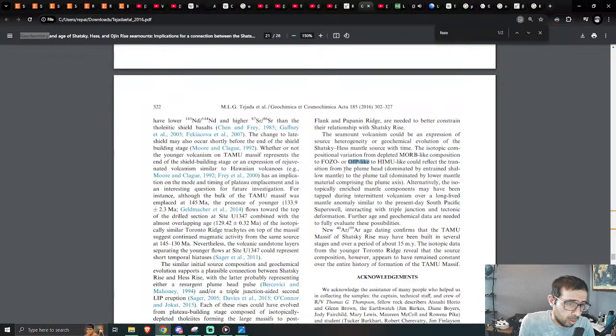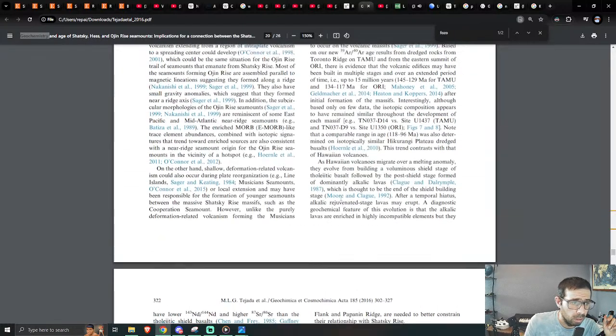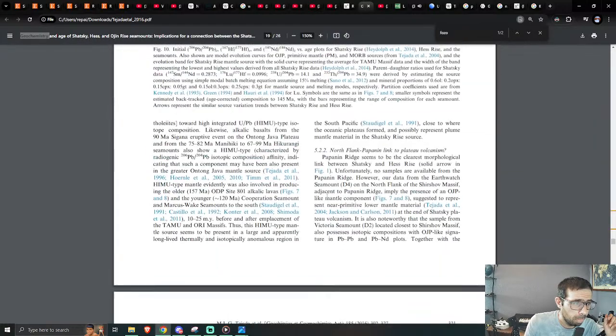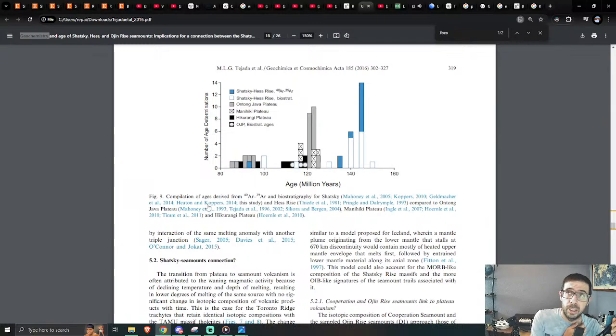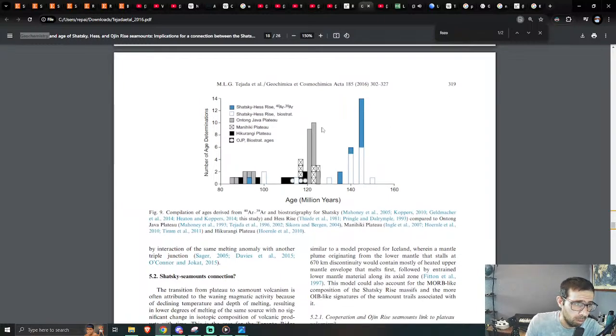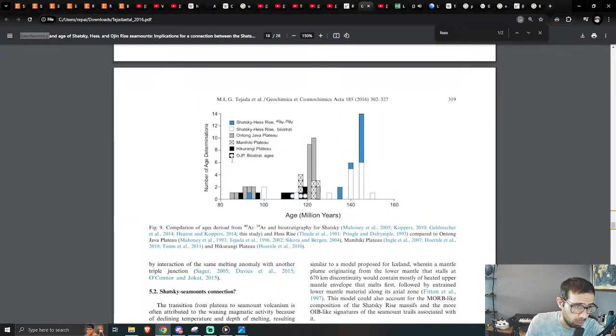Could reflect the transition from the plume head to the plume tail. So they're just trying to figure out what's going on. In terms of a mantle plume based interpretation, which not relevant really.